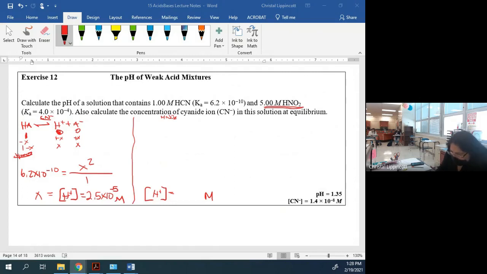All right, were you able to come up with 0.0447 molarity here? Anybody not able to get that number?